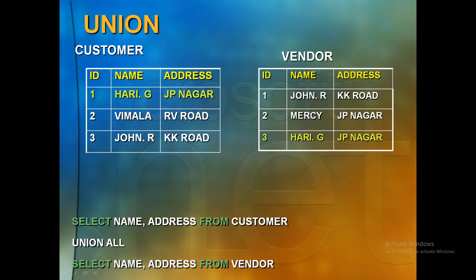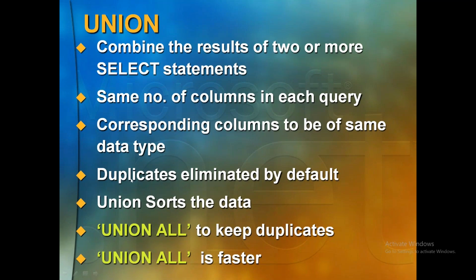If it is a date and time column, this should be a date and time column. If one is an integer and the other a varchar column, then you will not be able to use union or union all. Clear? So the same number of columns must be available in all the select statements, and the corresponding columns' data type should be the same. Clear?